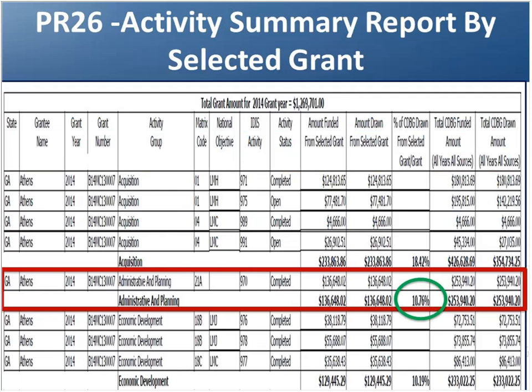If it's over 20%, that means the grantee is already over the 20% expenditure cap. If it's less than 20%, it's okay. But if it's over 20%, then it's in non-compliance for the expenditure cap.